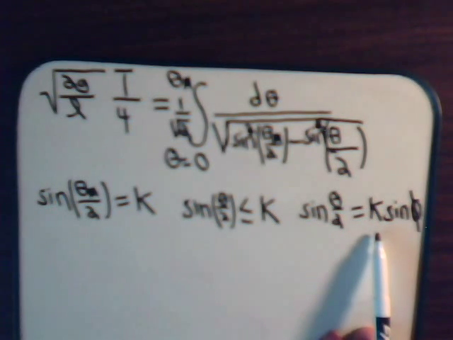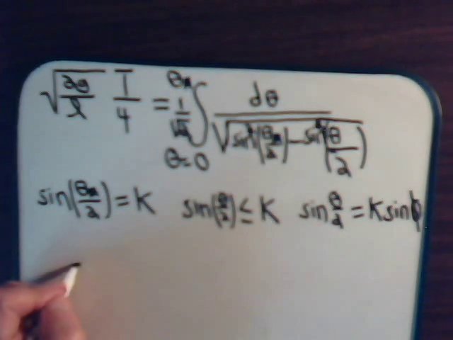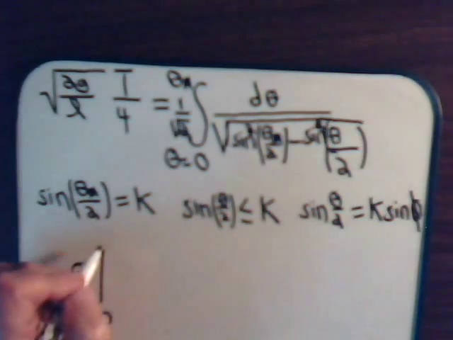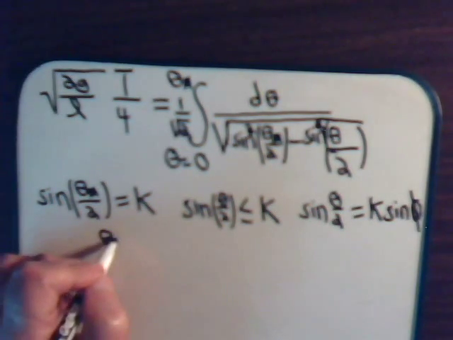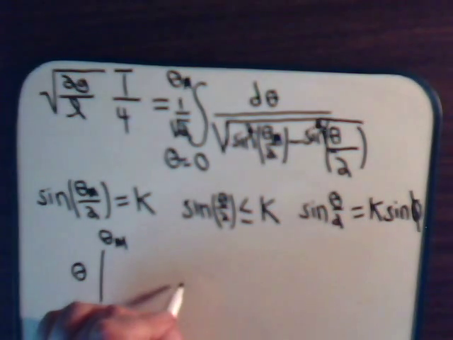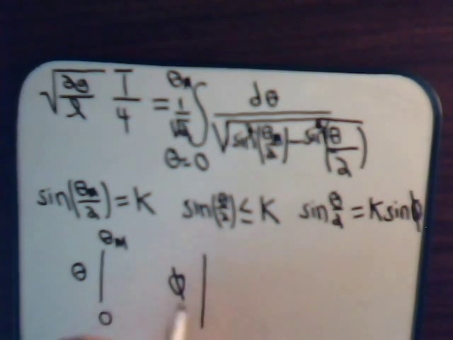If we do that, then what will be the new limits? So theta goes from 0 to theta maximum. Now what about psi? Or actually not psi, but phi. Okay, let's see how this works then.